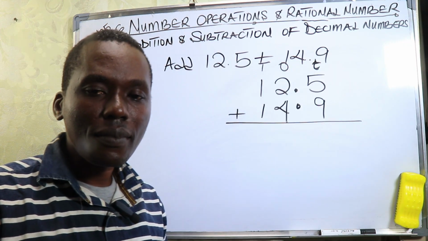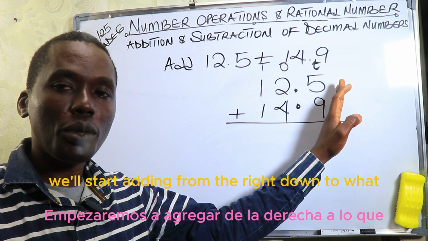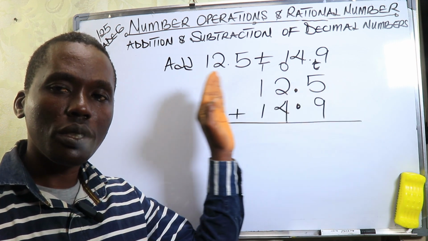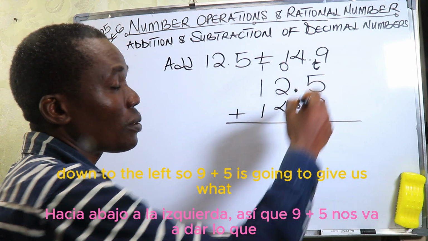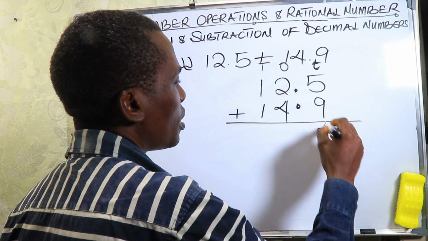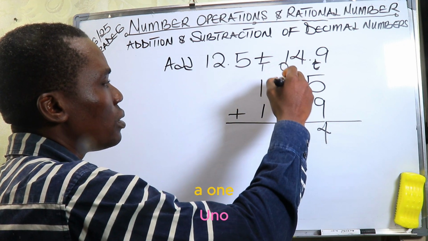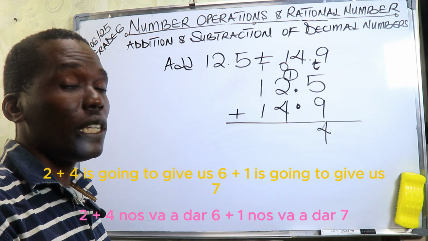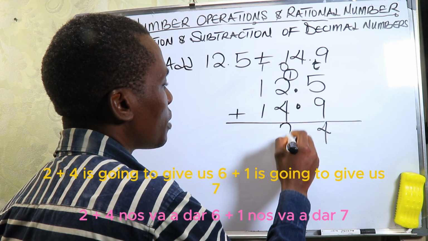Now if you look at these numbers very well, we'll start adding from the right down to the left. So 9 plus 5 is going to give us 14. So we'll put down a 4 and carry a 1. 2 plus 4 is going to give us 6, plus 1 is going to give us 7.